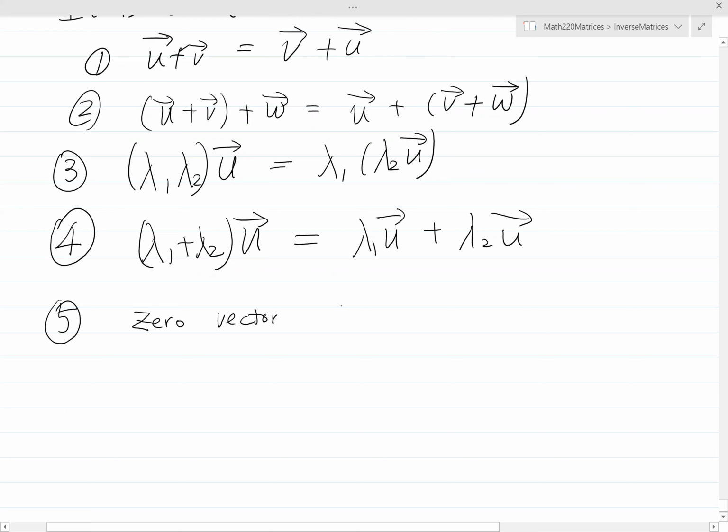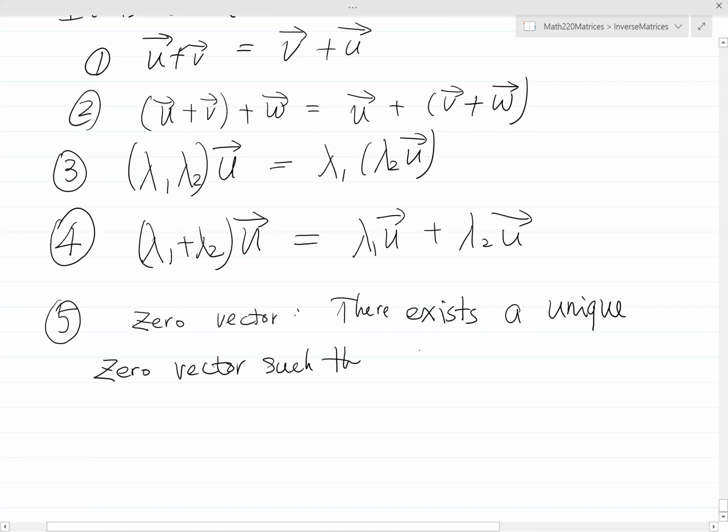So there exists a unique zero vector such that u plus 0 equals u again.